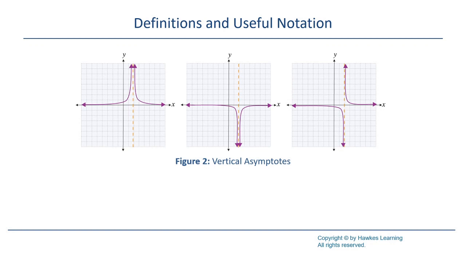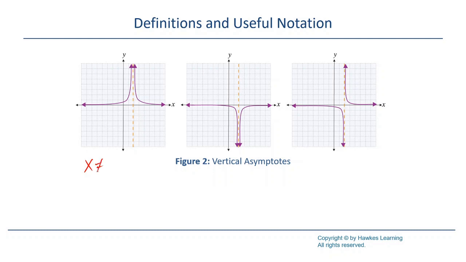So if we take a look here, these are all places where, roughly at 2, you cannot plug in that value into the function. Basically, x cannot be equal to 2.